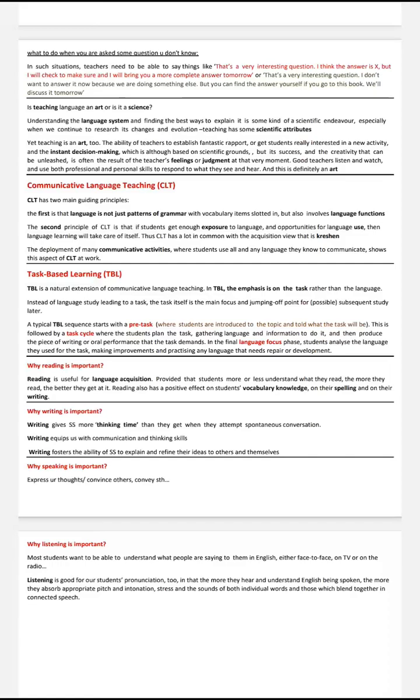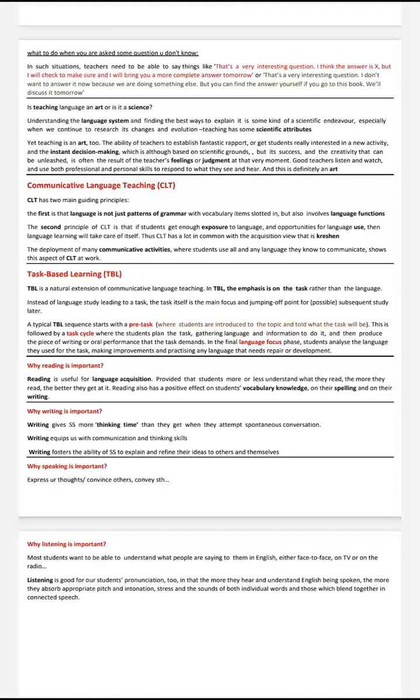The second principle is that if students get enough exposure to language and opportunities for language use, then language learning will take care of itself.